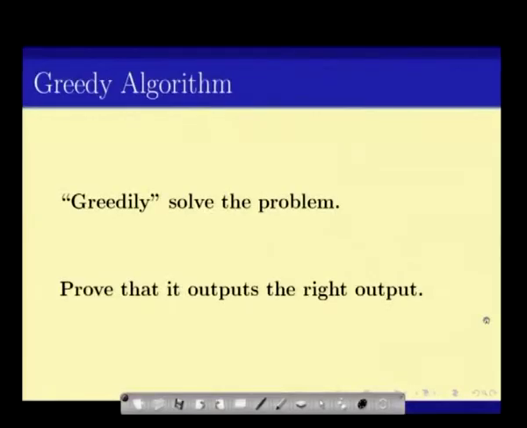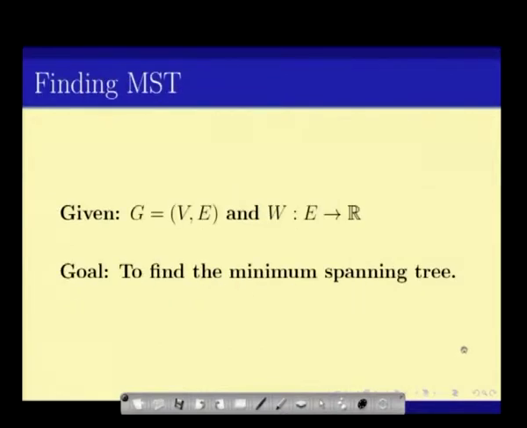One solves something greedily and hopes that the algorithm outputs the right answer. So, we will use a greedy algorithm to find the minimum spanning tree.